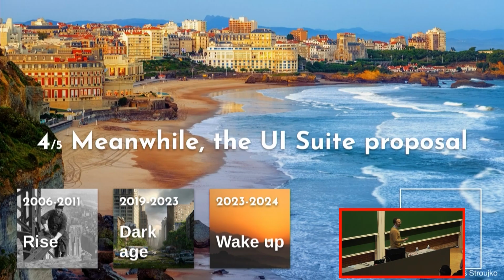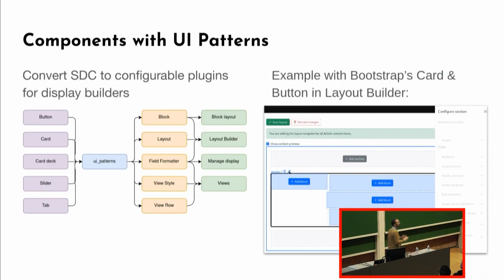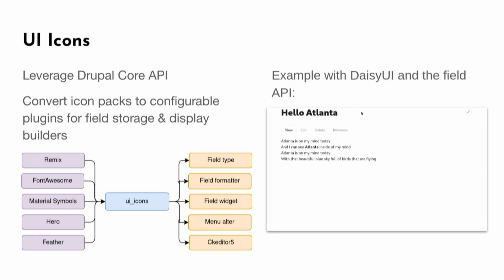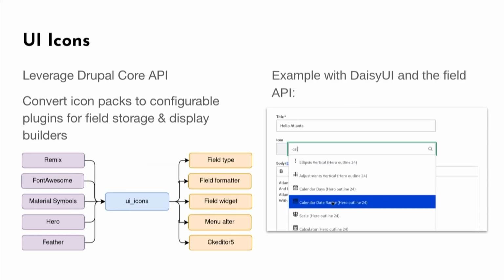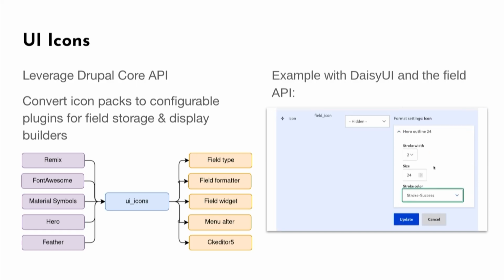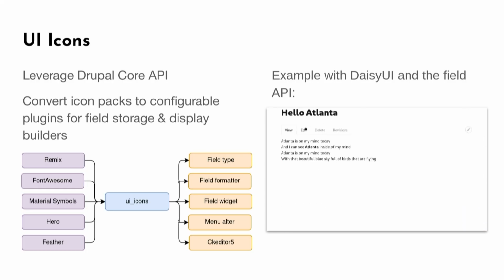There is a team, the UI Suite team, the best, who are filling the gap. Good. So it's already done in contrib space. The UI Patterns module is transforming component plugins into block, field formatter, view rows, view styles, and layout plugins. The UI Icons module is transforming icon pack plugins and each of the icons into field type, field formatter, CKEditor 5, and so on and so on.